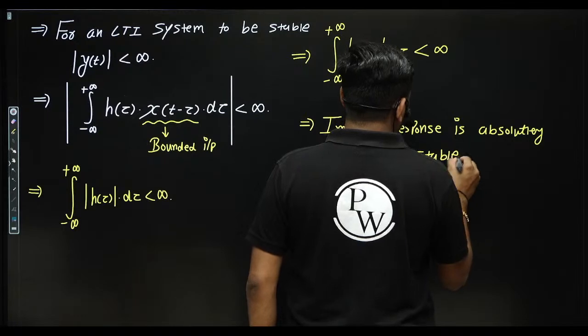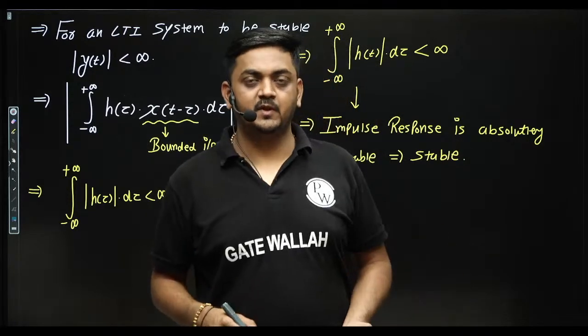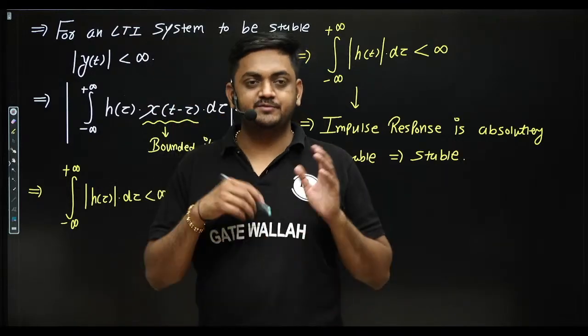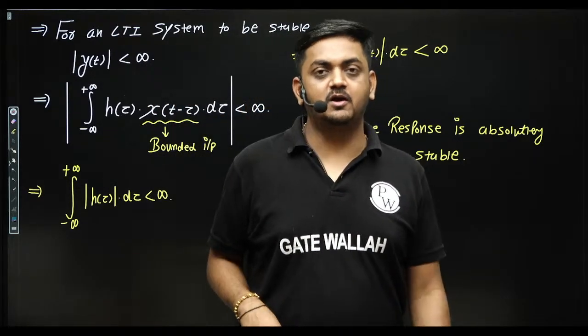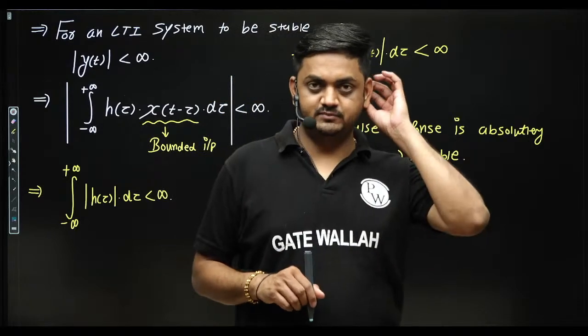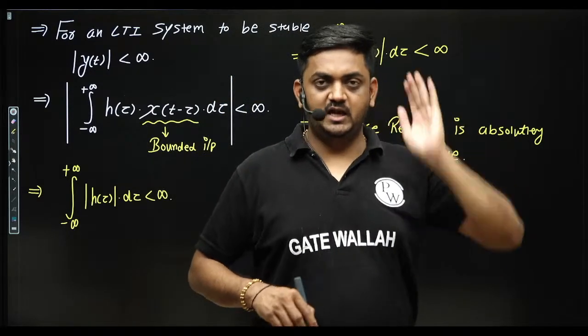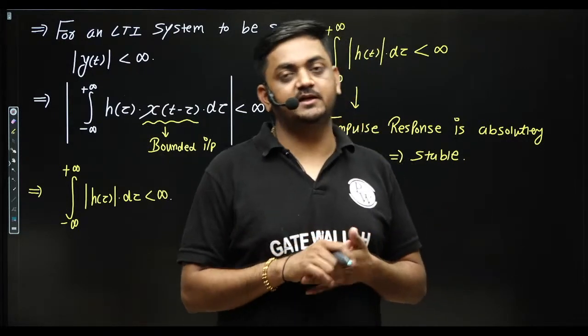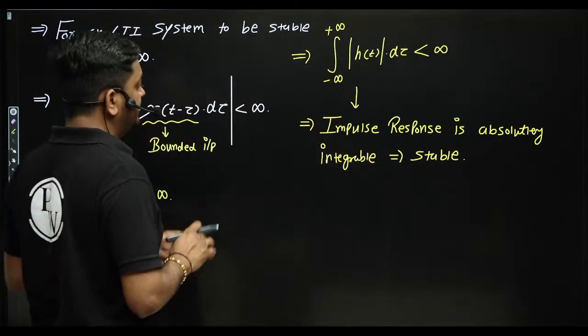For the continuous time, if the impulse response is absolutely integrable, and for the discrete time, if the impulse response is absolutely summable, then we can say the given LTI system is said to be stable, guys.